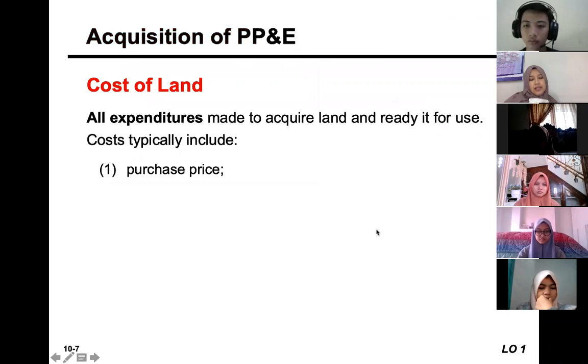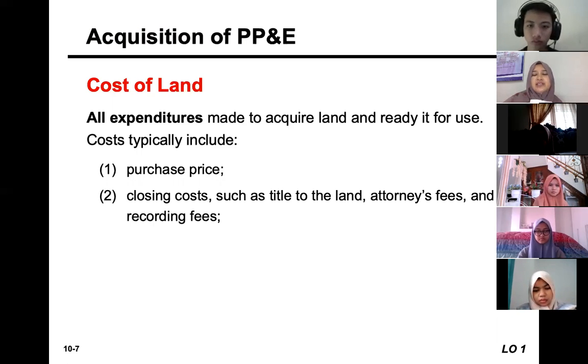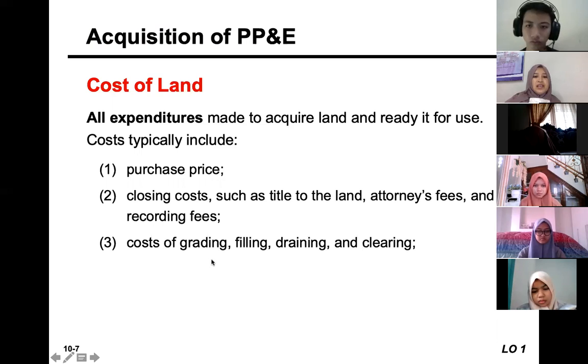Okay, let's go into detail, let's say for the land. Cost of the land includes the purchase price and then closing costs, let's say title to the land, and we pay the attorney, pengacara, to arrange the title of the land, pengurusan pindah milik, and any other legal costs related to the purchase transaction. And then cost of grading, filling, draining, and clearing. Okay. Normally the land when the company purchases it is not ready to be used.